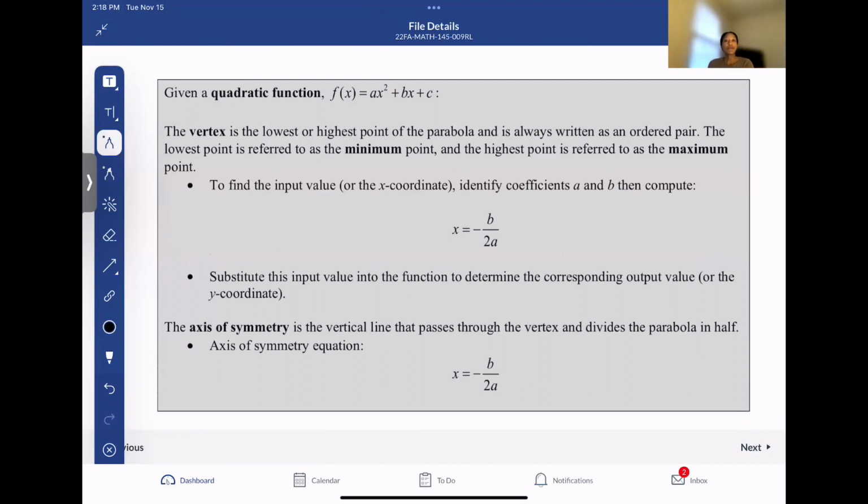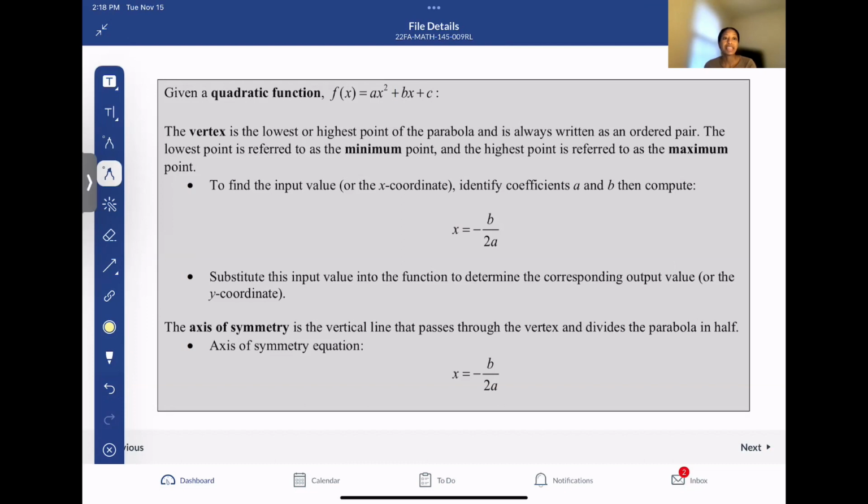All right, so if we are given a quadratic function, how do we find the axis of symmetry and the vertex algebraically? Using this formula. The vertex is the lowest or highest point on a parabola. It gives you either a maximum or a minimum, depending on whether your parabola opens upward or downward.